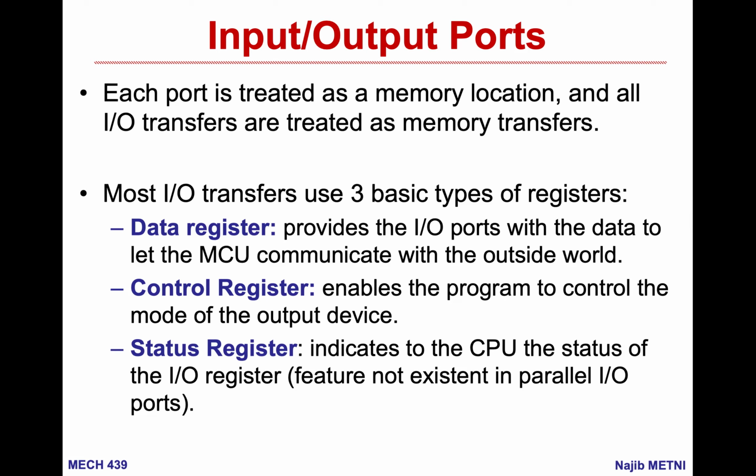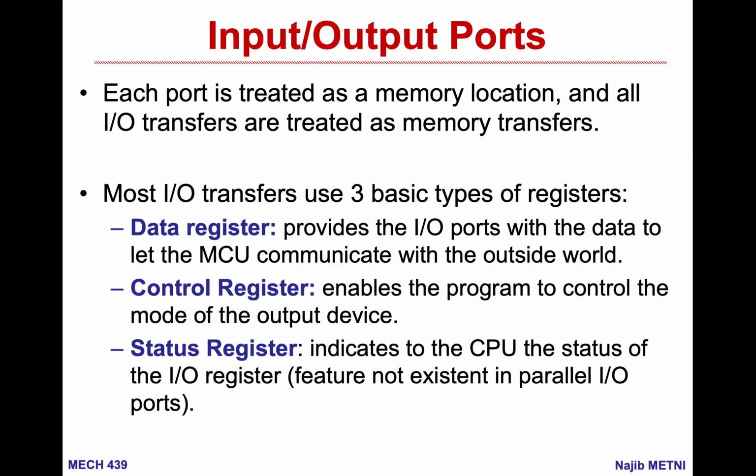So we have three basic types of registers for these input-output ports. There is what we call the data register. This is where the data is kept in order to be communicated to the outside. What do I mean by this?